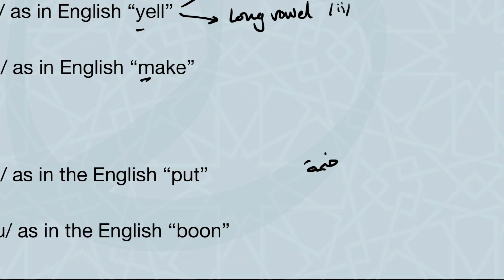Dhamma. The verb dhamma in Arabic means to bring together or bundle together. And it makes sense, honestly. Remember when we said fatha means to open, and you have to open your mouth to say it? It's like ah. That's why we call it fatha. But dhamma means to bundle or bring together, to make it round.